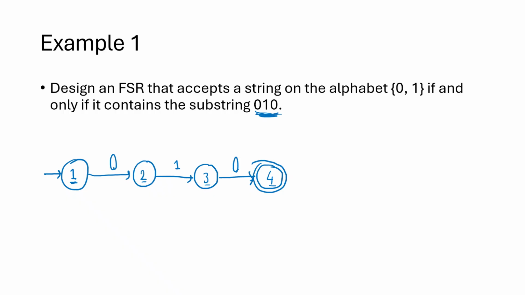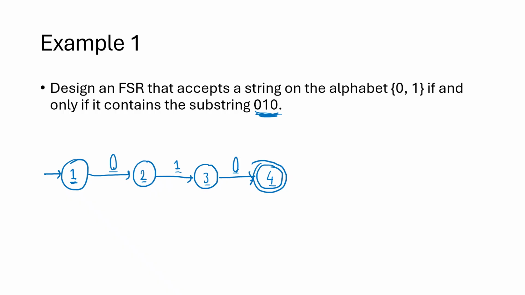Or, saying it in a different way, we are waiting for a 0 followed by a 1 followed by a 0 to get to the accepting state, right? So if you have a 0 followed by a 1 followed by a 0, then from state 1 you get to state 4.